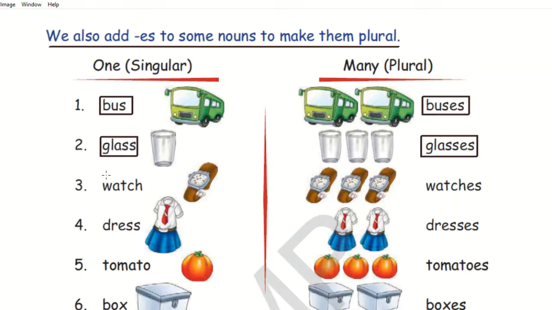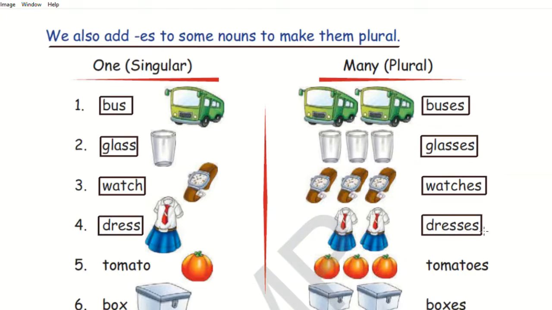Look carefully, children. We added es to the word glass to make plural of it, glasses. One watch. Many watches. Here again, we added es to the word watch to make plural of it, watches. One dress. Many dresses.